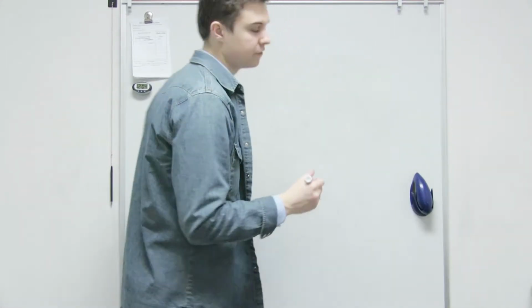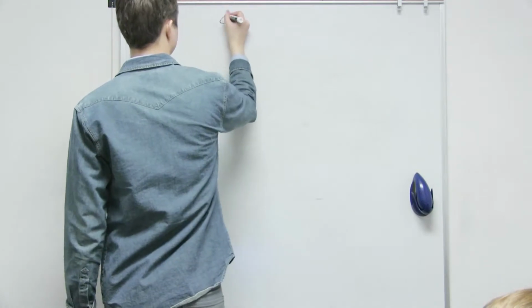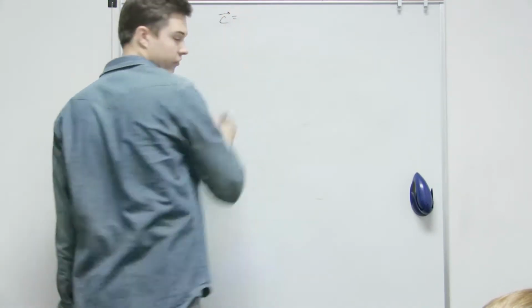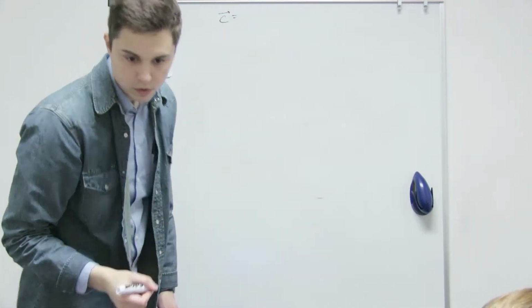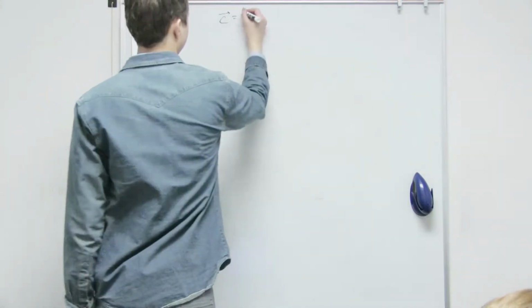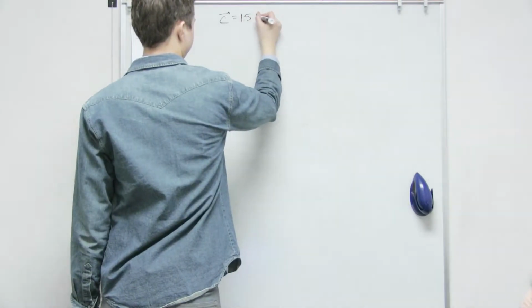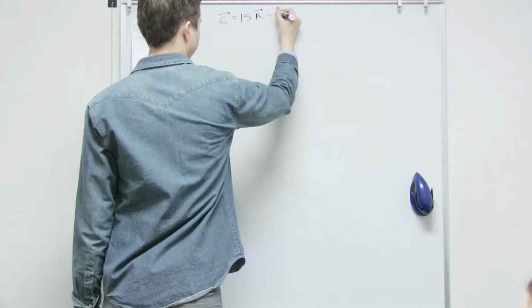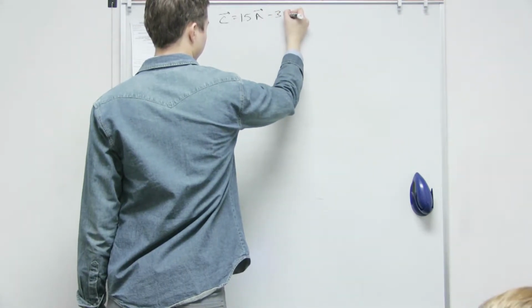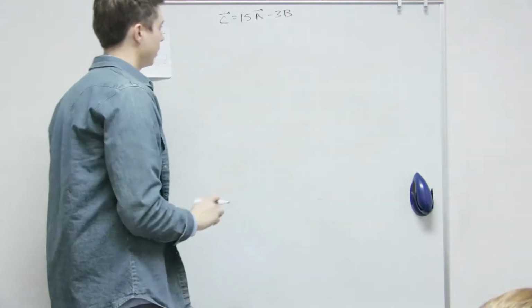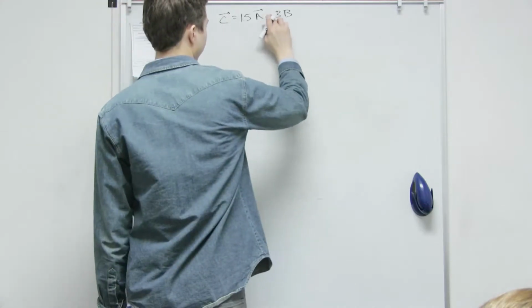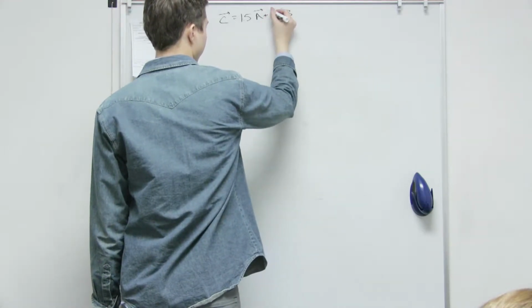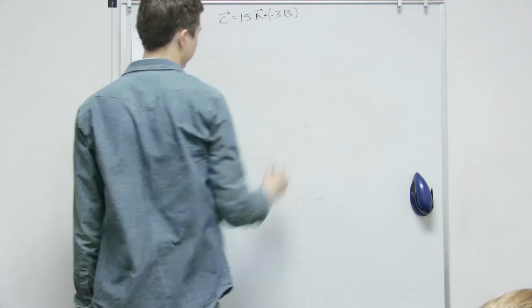So now they want you to find vector C, which is equal to 1.5A minus 3B. I'm going to go ahead and change that to plus negative 3B.